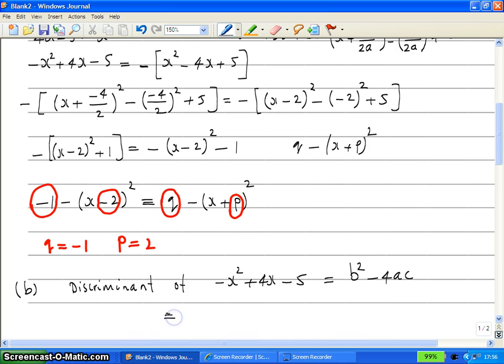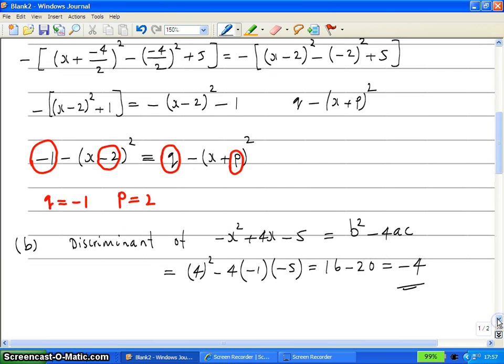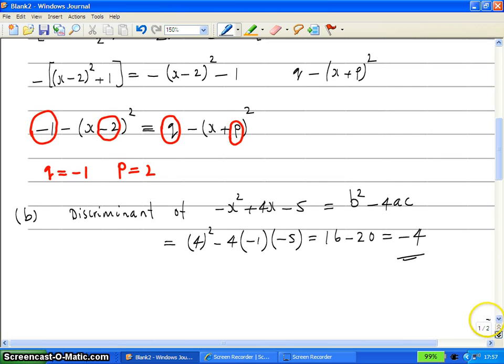So let's implement that. b is 4, so 4 squared, that's your b squared, minus 4, a is minus 1 here, and c is minus 5, and simplify that, you get 16 minus 4 times 5, 20, so the answer is minus 4. So that's the discriminant. That's part B.